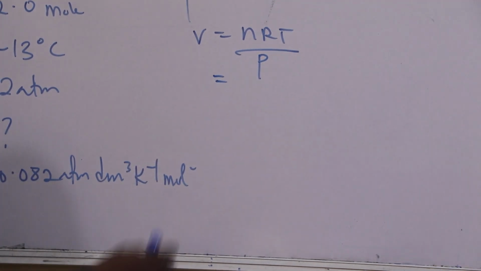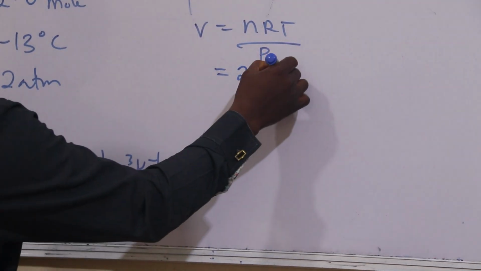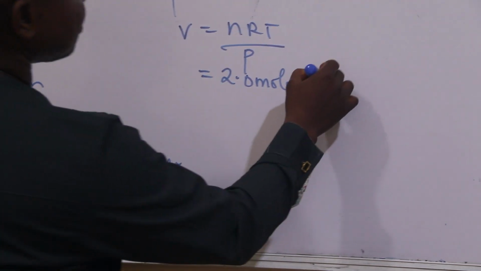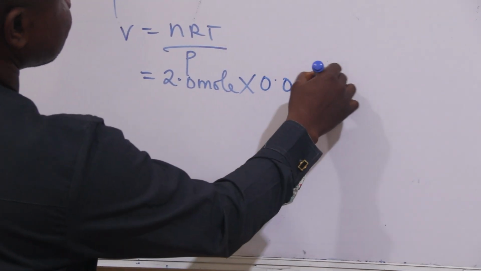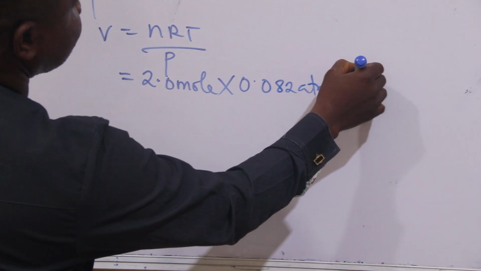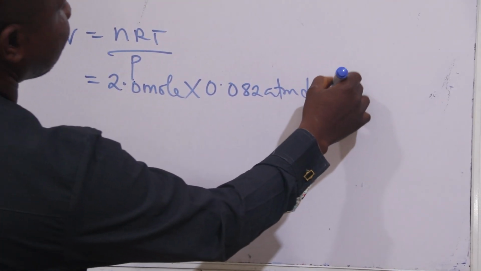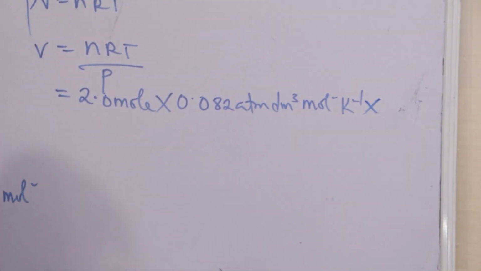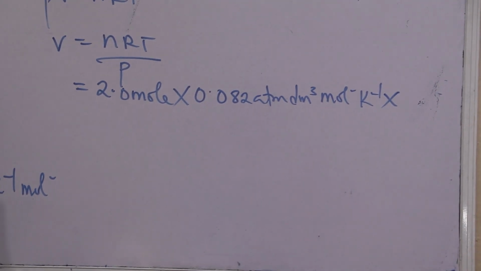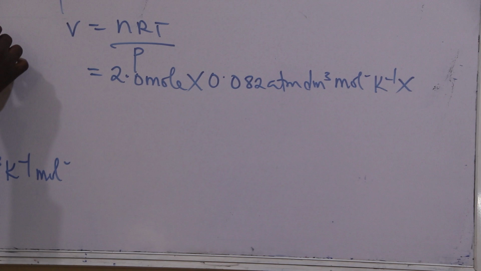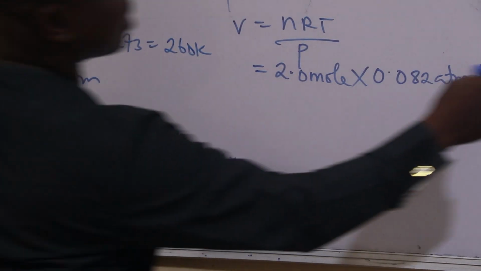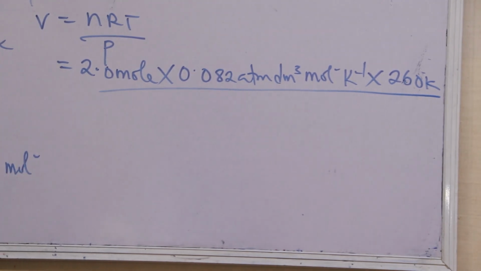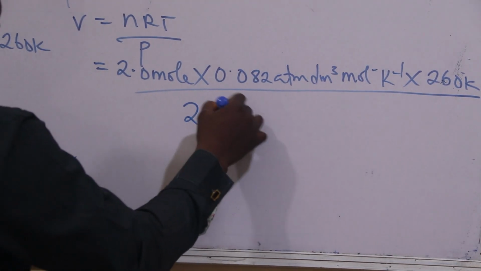My n was 2 moles, multiplied by my R, which is 0.082 atm dm³ per mole per Kelvin, multiplied by my T. Remember to convert this: I have 260 K, all over P. Your P is 2 atm.